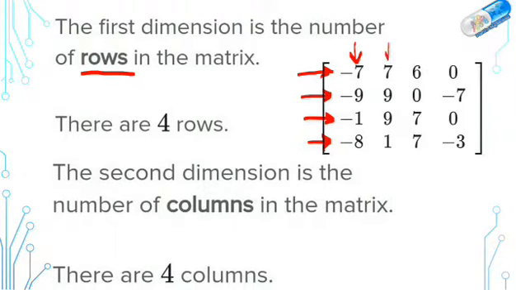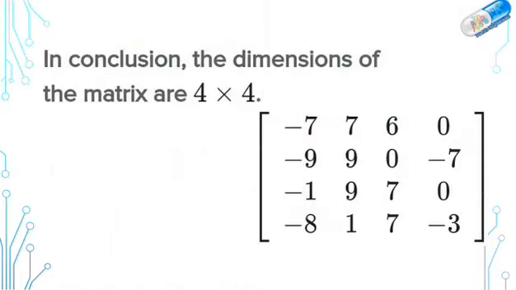This is 1, 2, 3, and 4 columns. So there are 4 columns and 4 rows. This means that the dimensions of the matrix are 4 by 4. So the first number in the dimension is for the number of rows and the second is for the number of columns.